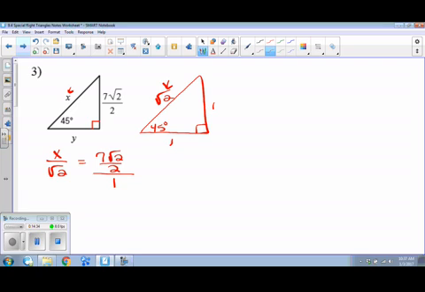So if I want to take something that's a fraction and make it not a fraction, what do I do? Multiply by the denominator, right? If you multiply by the denominator, then it's not a fraction anymore. So if I take this and multiply it by 2, then that goes away, right?